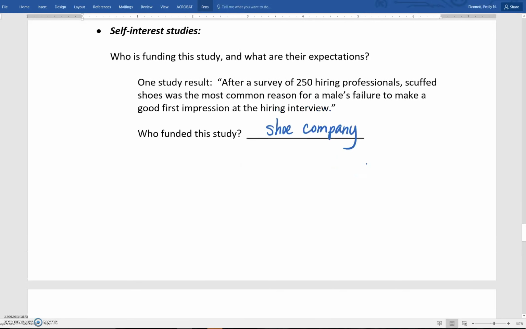Okay, so these are just some things. There would be other things you'd want to be very careful about too when you're doing a survey, but just some things to keep in mind when you're looking at statistics and how valid they are.